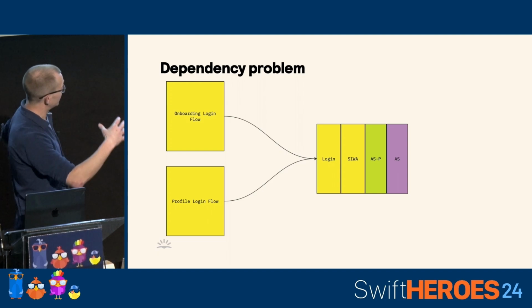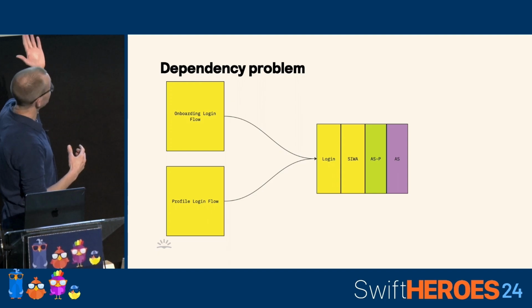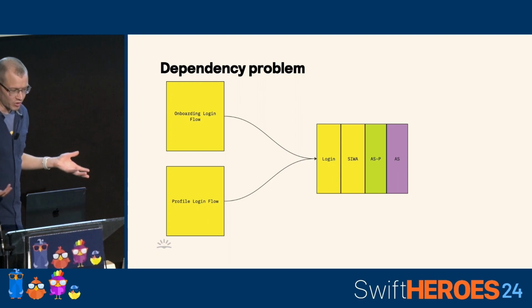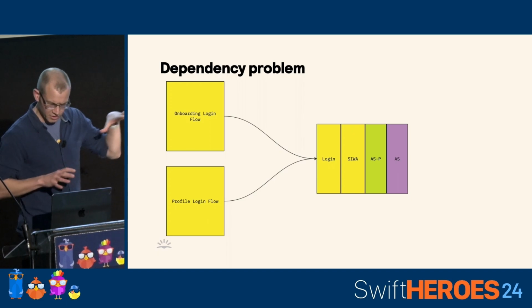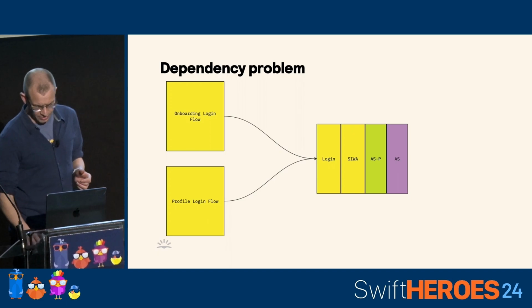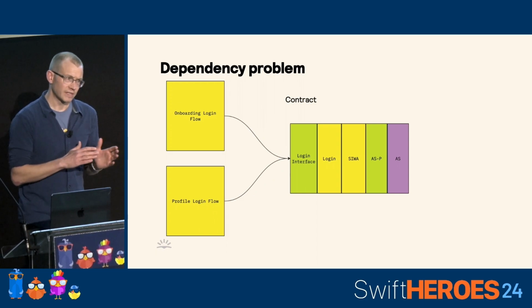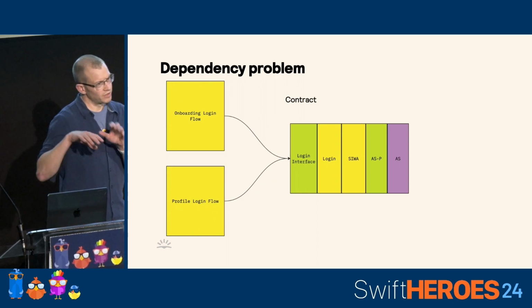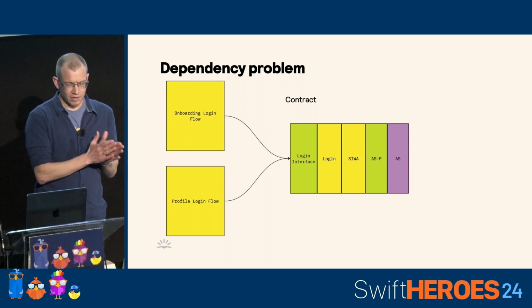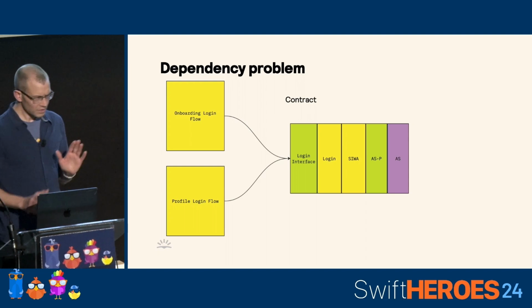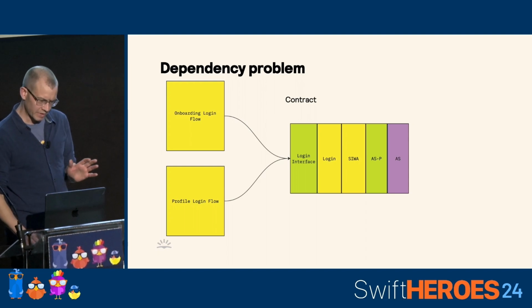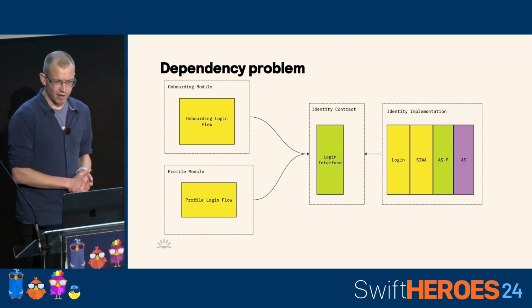You've got a protocol, you've got authentication services, and it's used in the onboarding flow, and it's used in a profile login flow. So you've got these two places, they want to use the same code. And you think, right, okay, I'm going to put a contract there. So now, these other places, they don't depend on your real code, they depend on a protocol. So you've sort of abstracted it, but we'll come on to that.